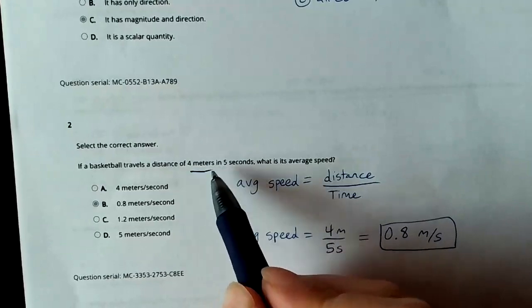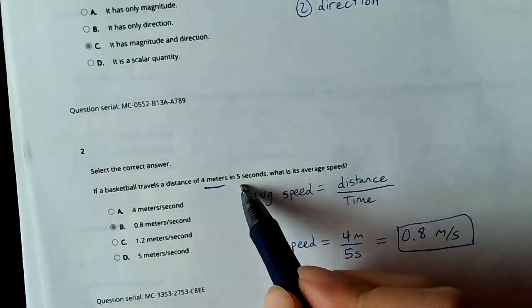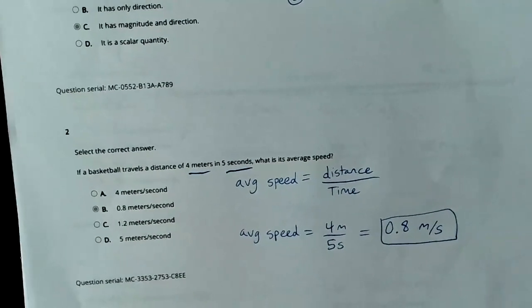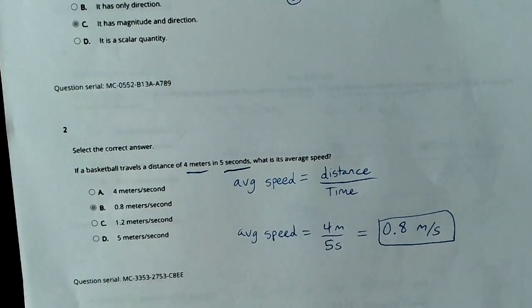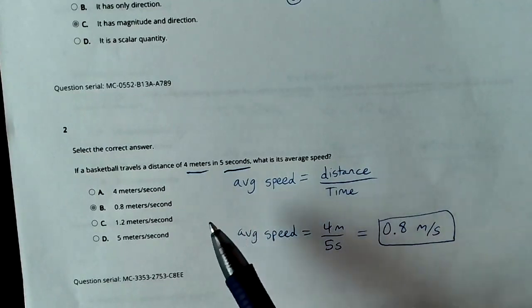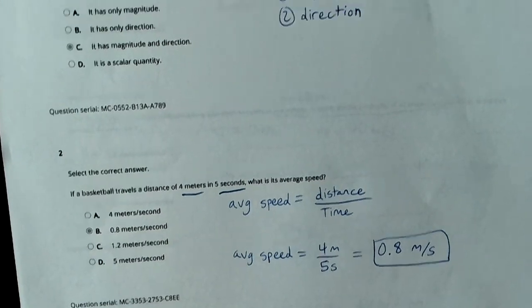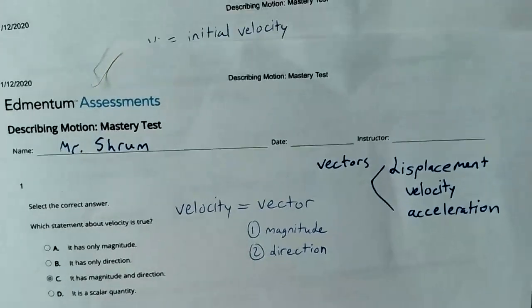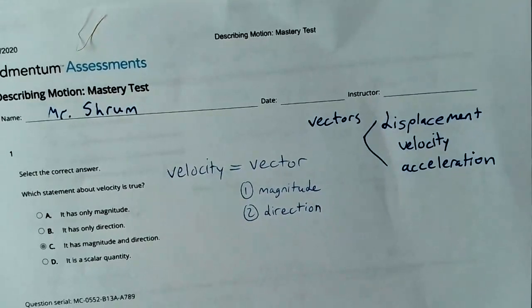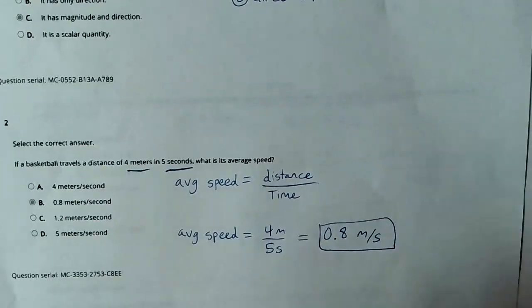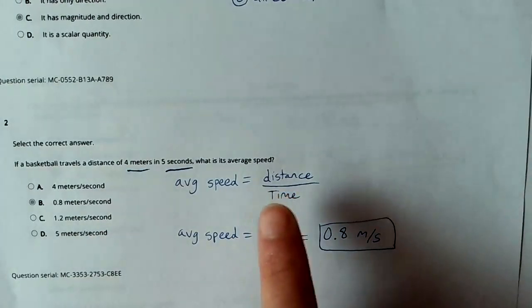The distance is 4 meters and the time is 5 seconds. So just divide distance by time. 4 meters divided by 5 seconds equals 0.8 meters per second. You can use a calculator, or if you know your fractions, this should not be an issue. But yes, average speed, distance over time.